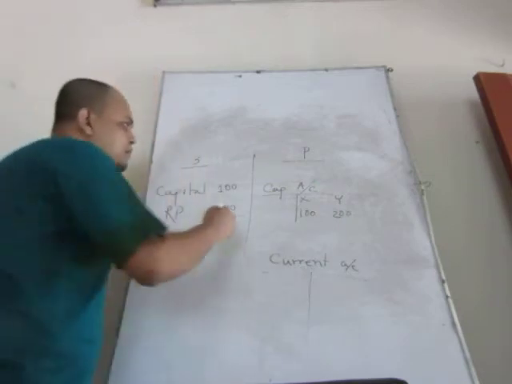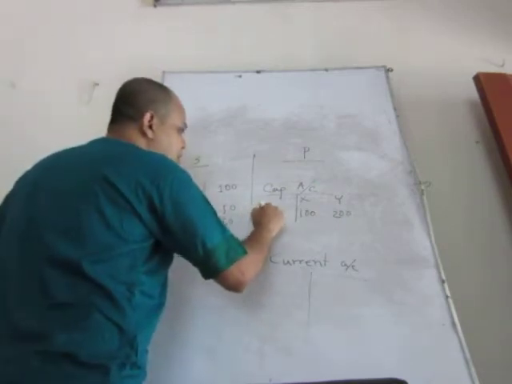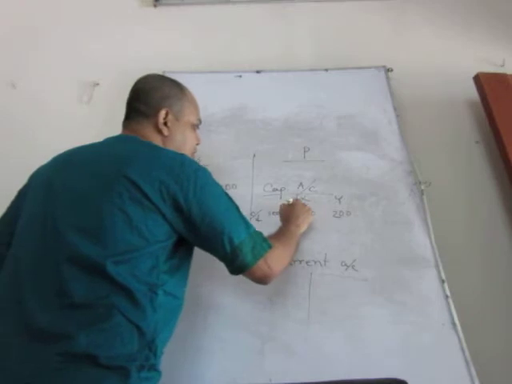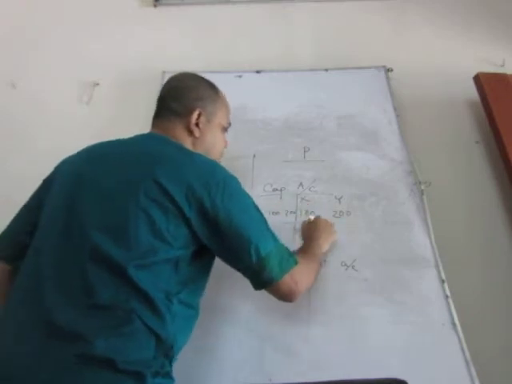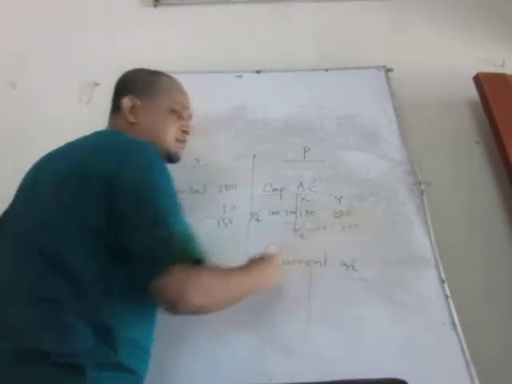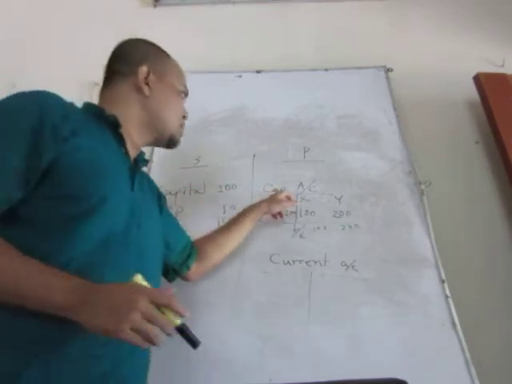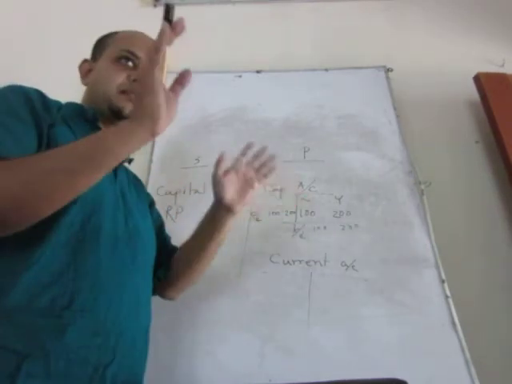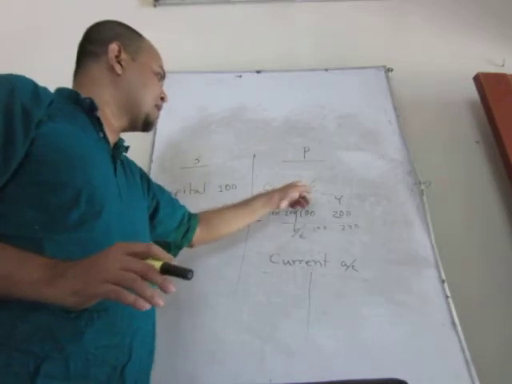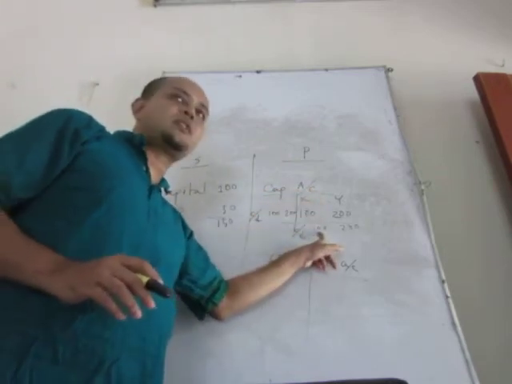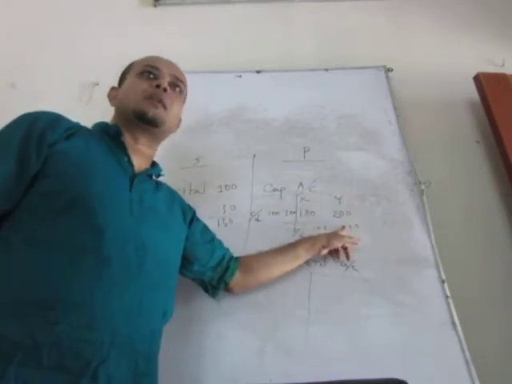So we can find out CD 100 and BD 200. That means long-term capital, or you can say fixed capital, a fixed amount of capital. That's why this is the capital account. For X, that is $100, and for Y, that is $200.